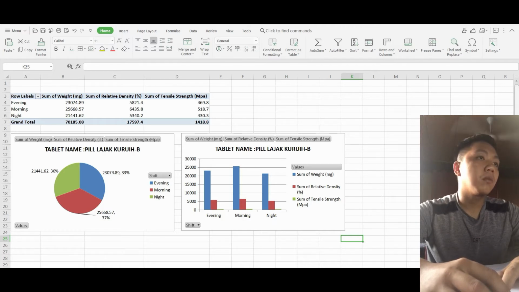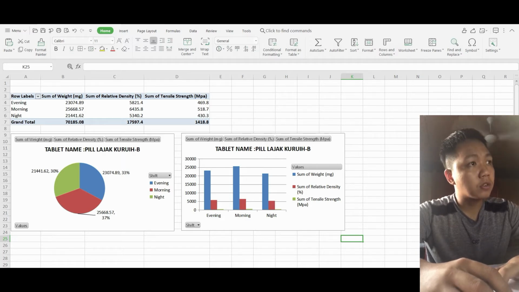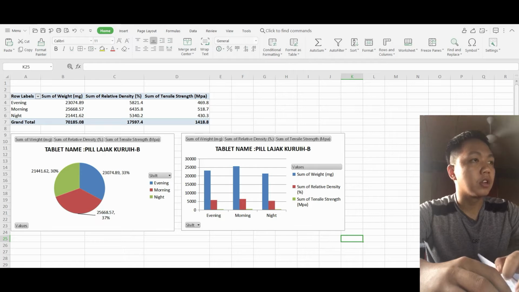From the tabular table, we can see that there is only a slight difference of value for each category of the data. We also calculate the grand total for each category, which are the weight, the relative density, and the tensile strength of the tablet.